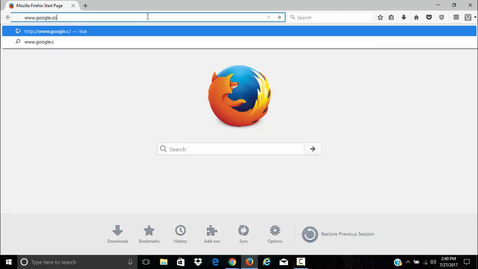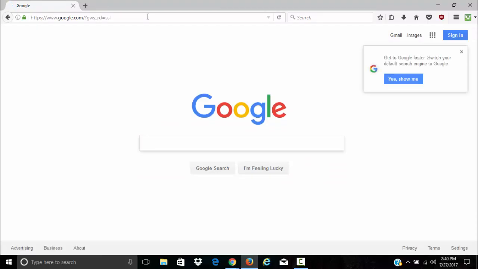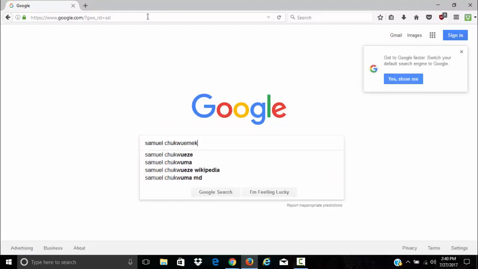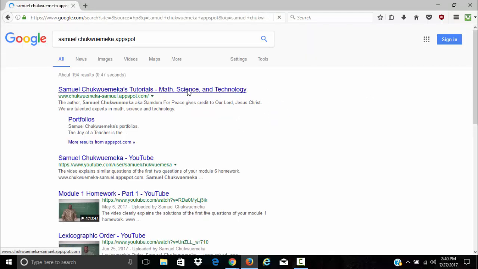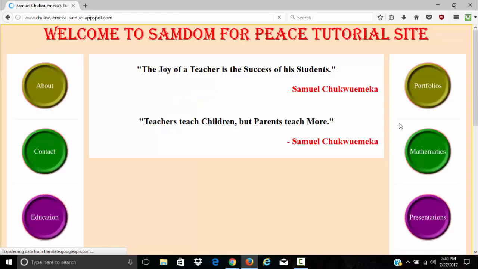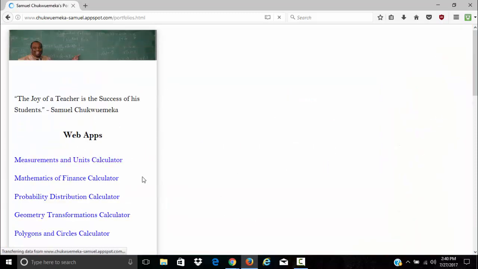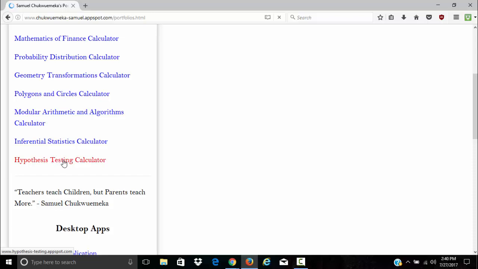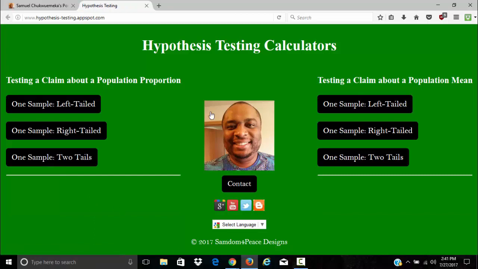Let's go to google.com, get on my mobile friendly site, Samuel Chukwuemeka AppSpot. Click on this here. Let's get on portfolios and look at these apps. Hypothesis testing calculator. Okay, you can also get this under statistics. So this is what we're going to use here.